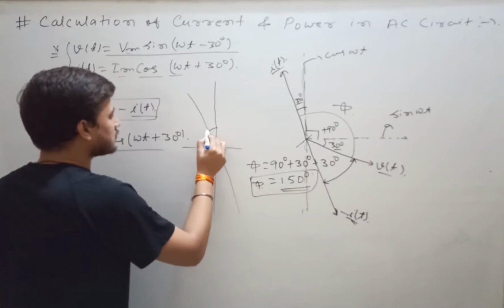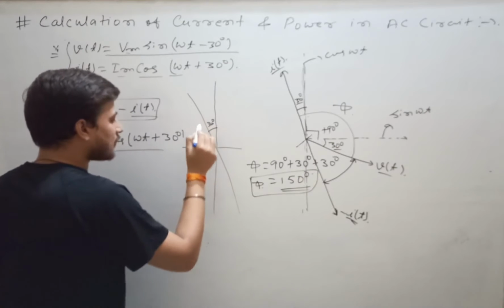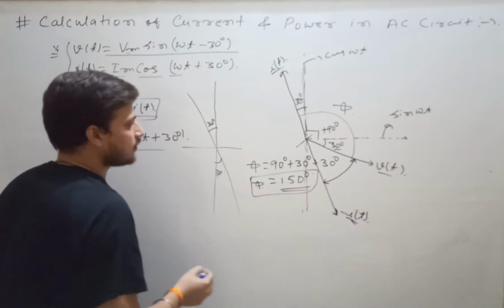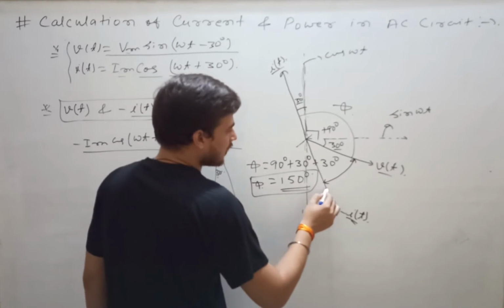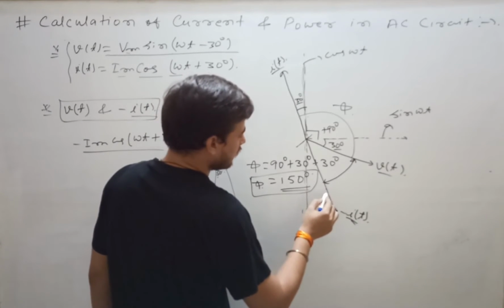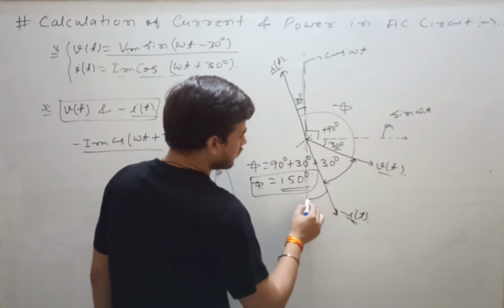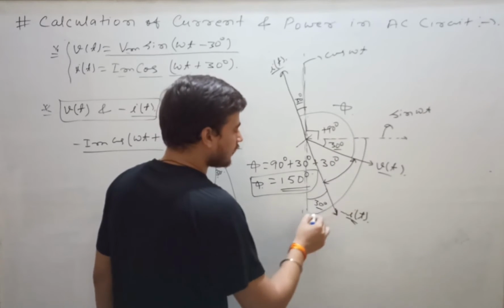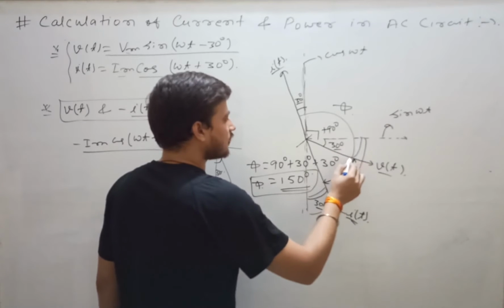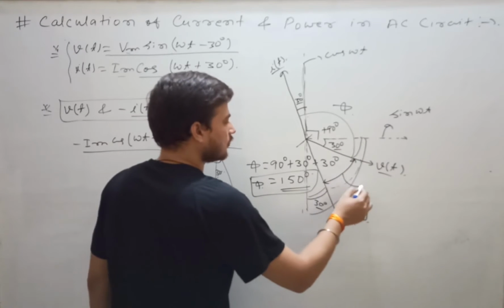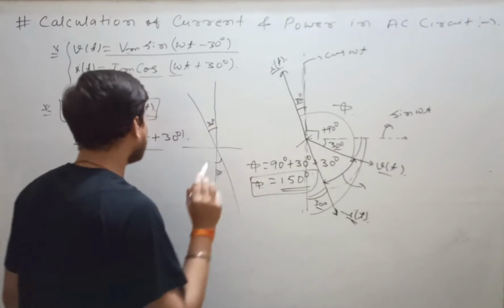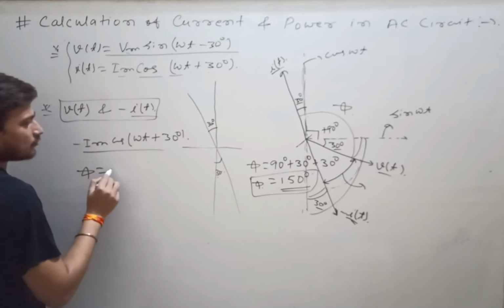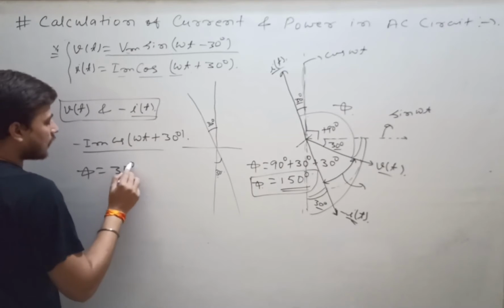If this angle is 30 degree, apply the concept of geometry, this angle will also be 30 degree. So this total angle is 90 degree, this is 30, this is 30, so this angle will also be equal to 30 degree. So between Vt and minus It, phi is coming 30 degree.